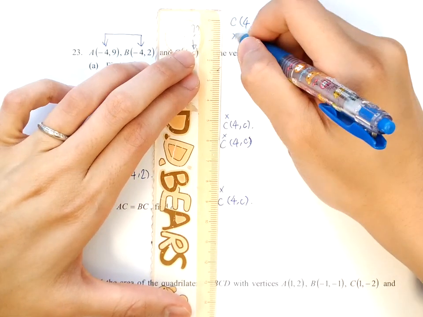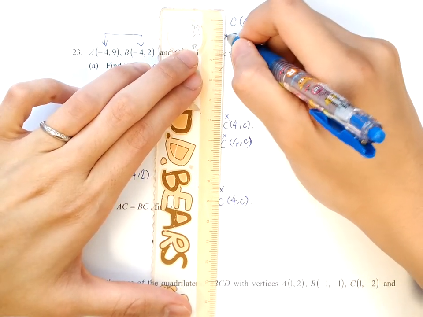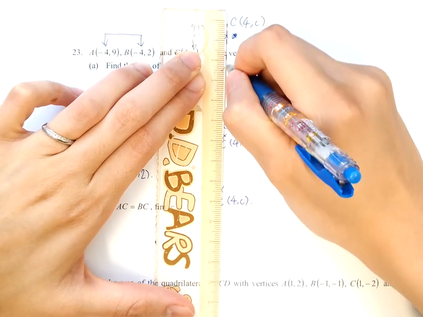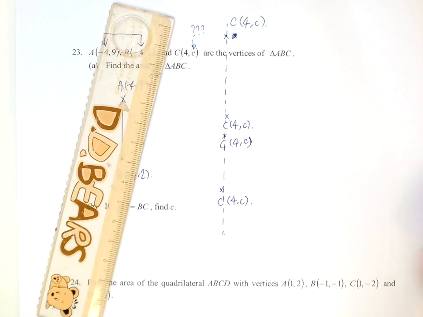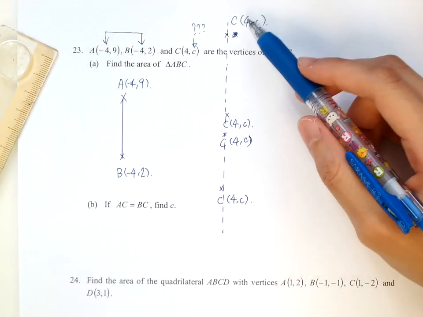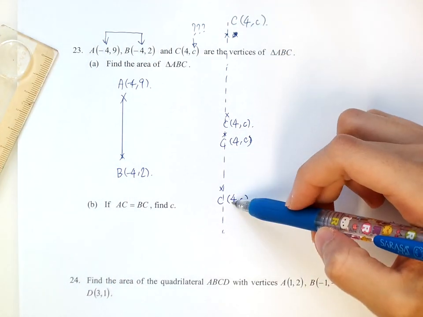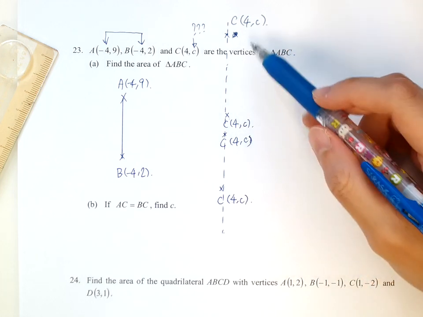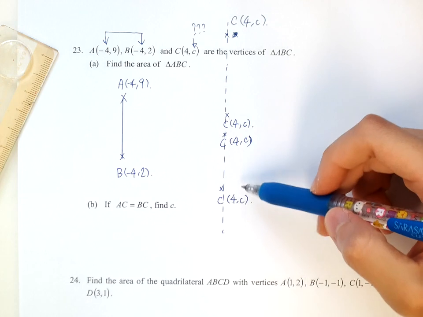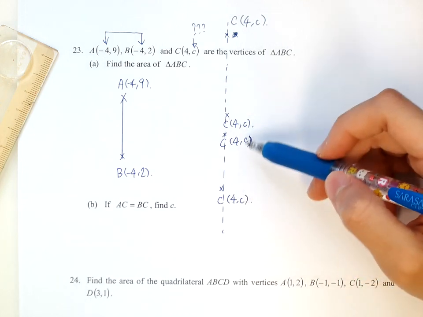However, no matter what the case is, they can form a vertical line. They must form a vertical line because the x coordinates are all equal, but we don't know the value of C, which depends on whether it is higher than A, or lower than B, or in between.